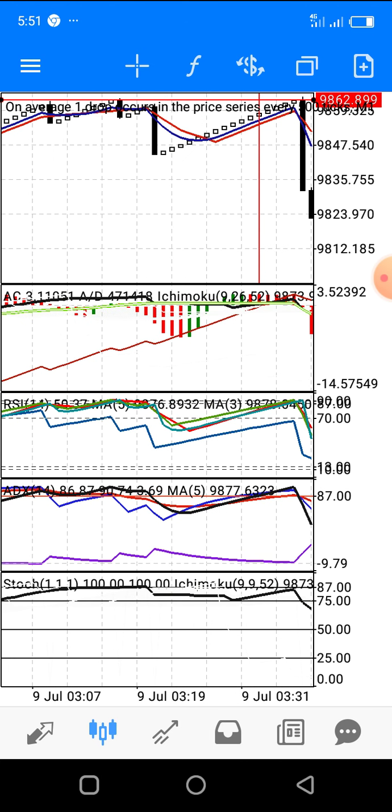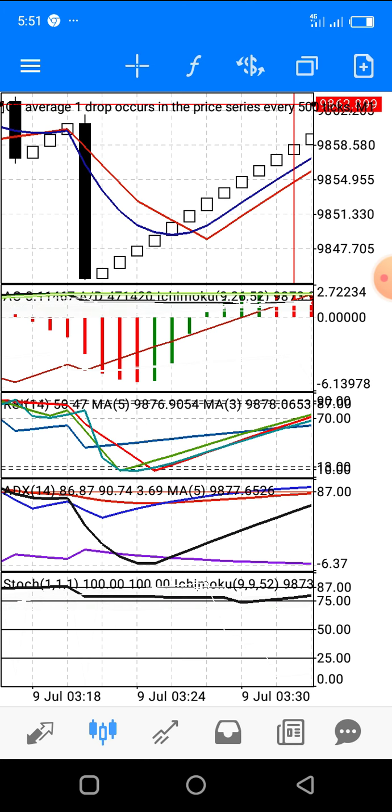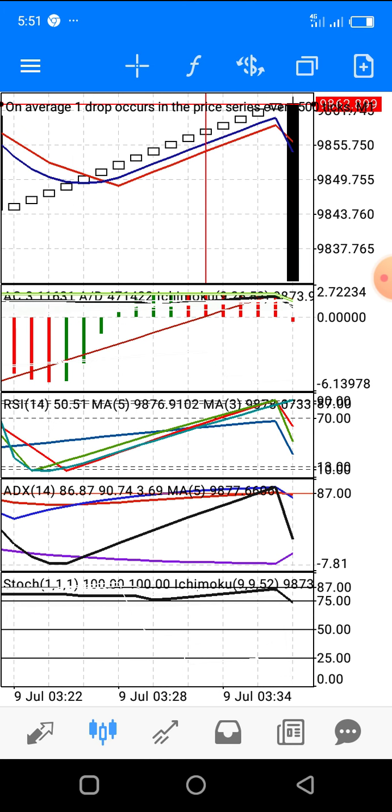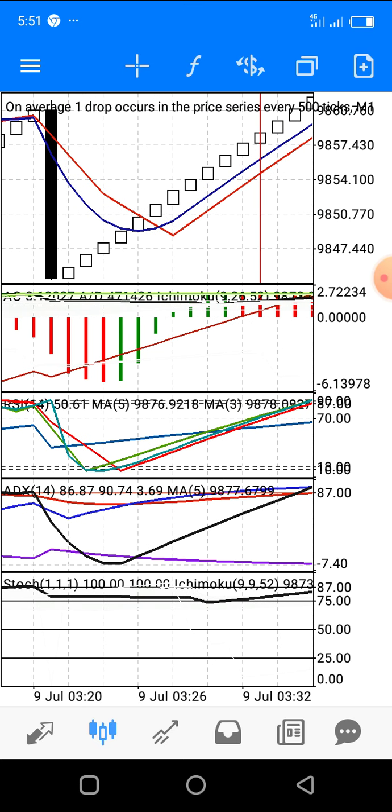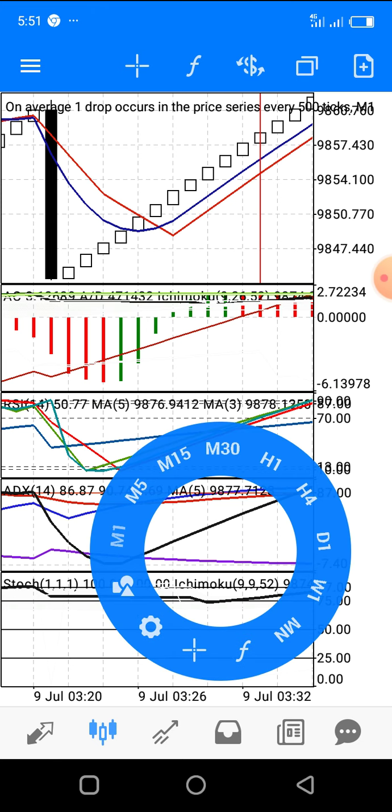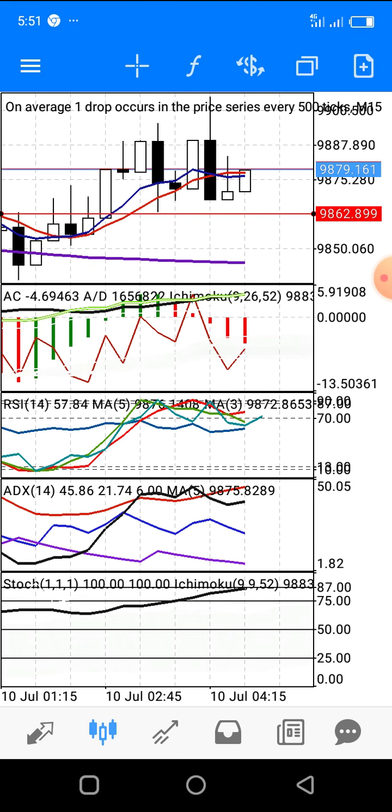And at this point, look at it. You can see that every other line was glued together at the top. And the next thing, I looked at my stochastic, it was still at the top. And the next move I made was to go to my 15 minutes time frame.